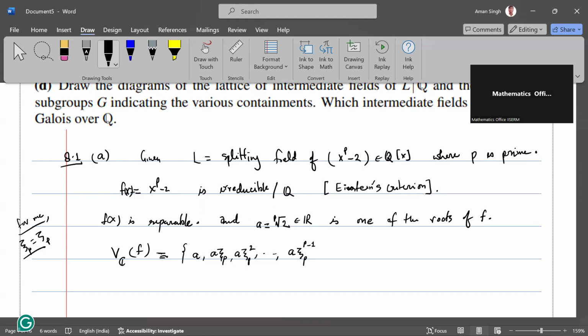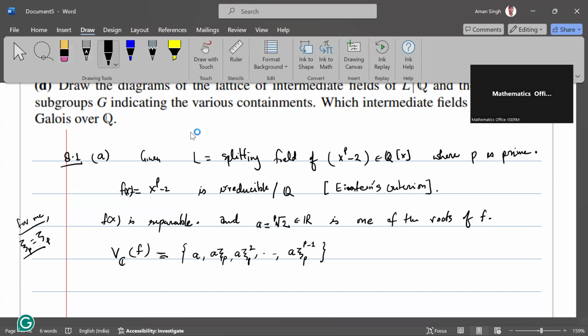This pattern stops here, because next time when I write a zeta p power p, zeta p power p will become 1, so it will become a only. So this is a set without repetition.